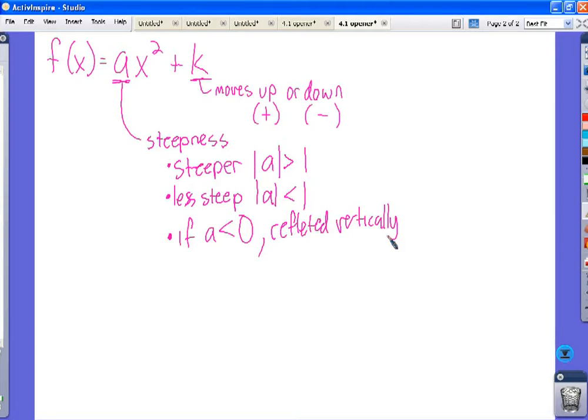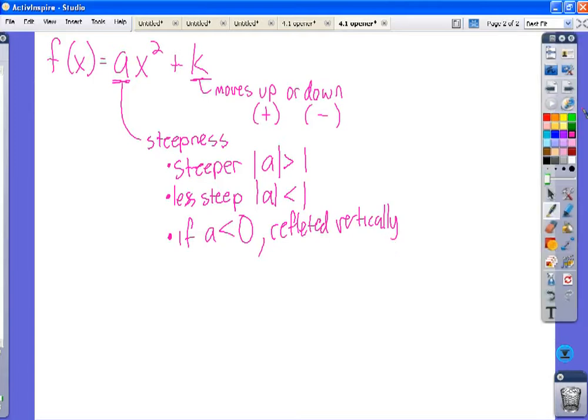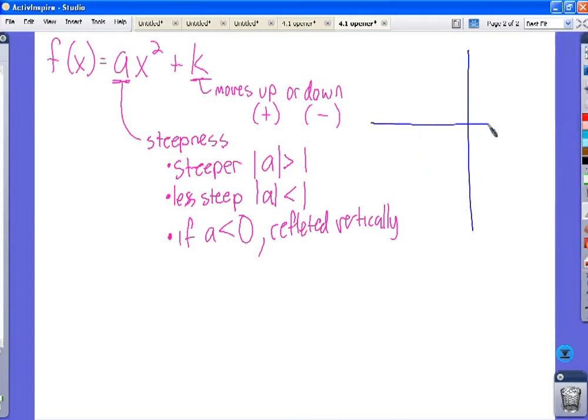When you say flipped over the x-axis, it's not always flipped over the x-axis. Let me show you what I mean. It just kind of depends on how you phrase it, and how literally you take that statement. So let's talk about this guy. f of x equals negative x squared plus 2.